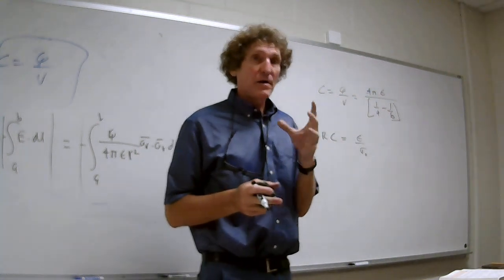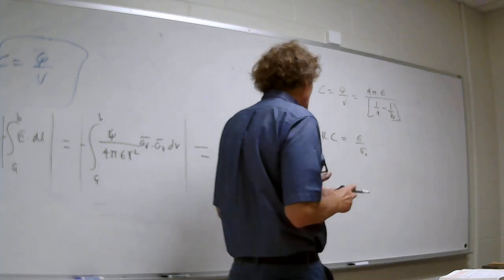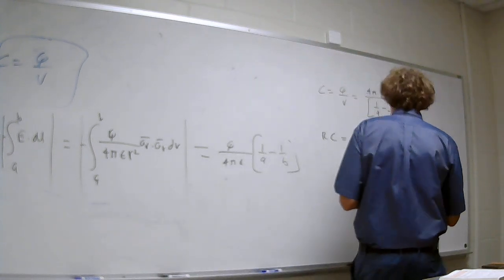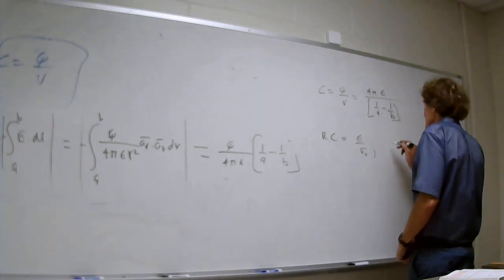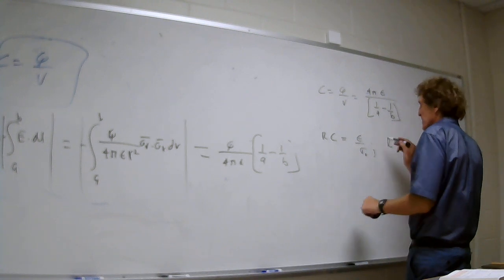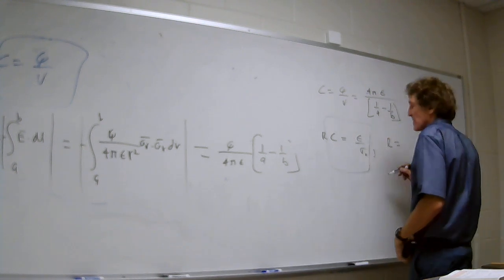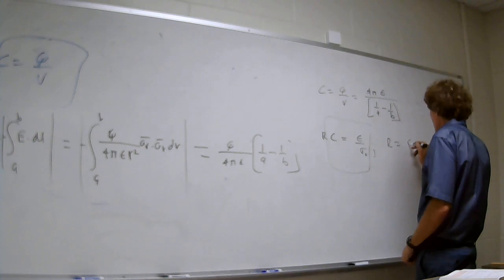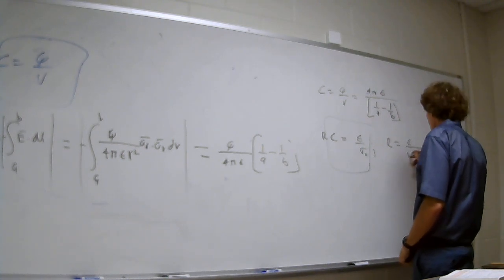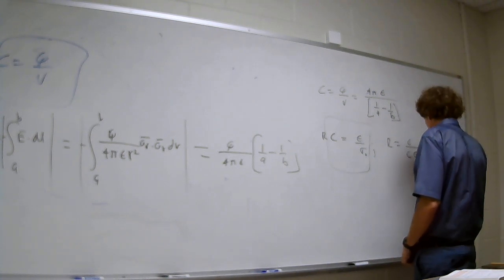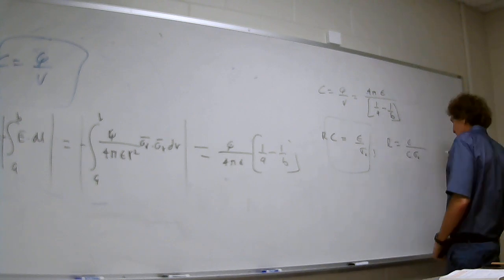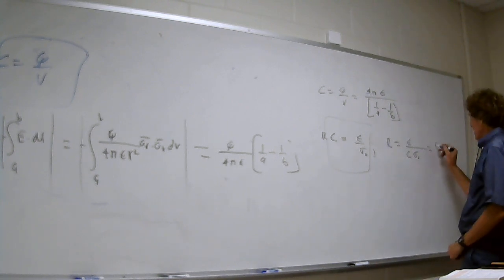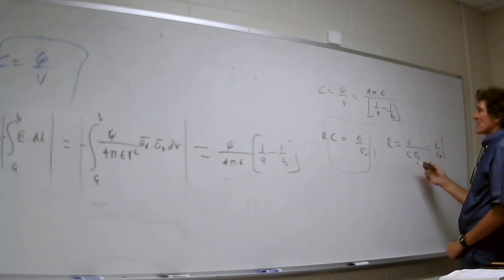And we're going to see it now. So what would the resistance be? I've got the capacitance. Based on this equation, the resistance would be equal to epsilon over C, divided by sigma naught. So it's epsilon over sigma naught, and what's 1 over C?